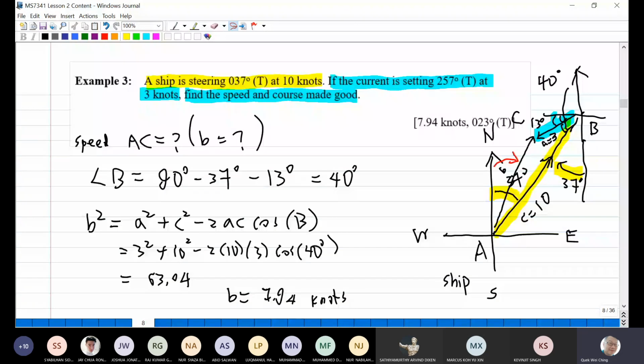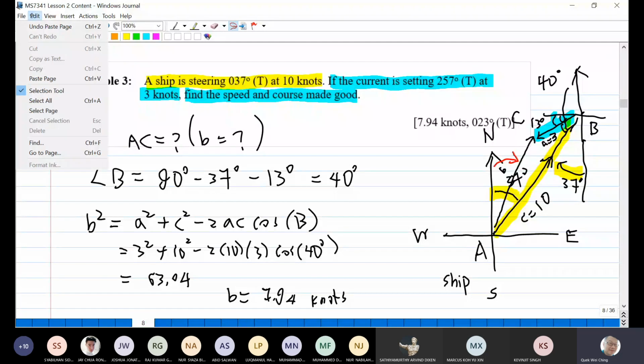Now I want to find the course made good, all right? So I use B now. B is 7.94 now. So this is 7.94.